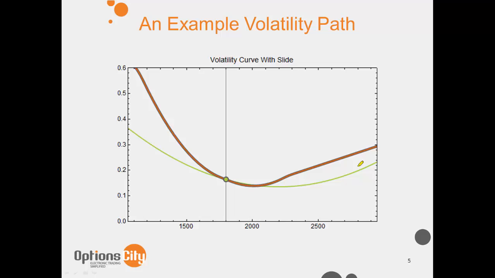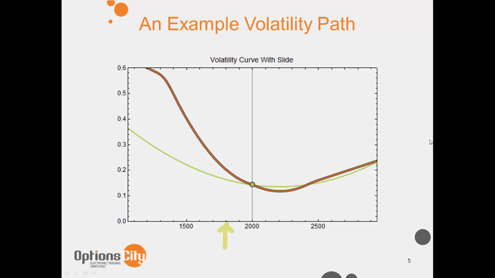All right, so here we've got the spot price. Currently, this is an example of a vol slide in a hypothetical E-minis market, and the spot price in this case is around 1800. And as the underlying moves, the vol curve moves with it.